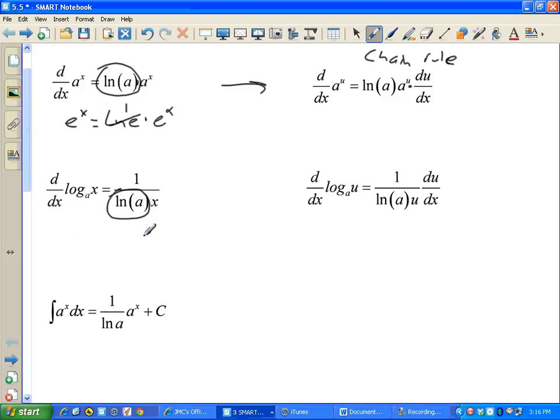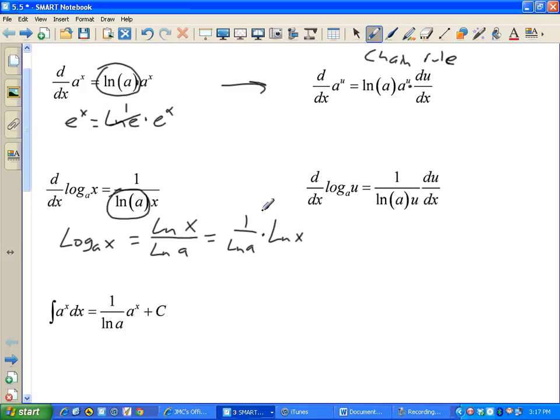Where this comes from is our change of base formula. If we actually wanted to calculate log base a of x, we could use the change of base formula and take the ln of x and divide it by the ln of a. Well, a is a constant because it's the base of our logarithm. So I could rewrite this as 1 over the ln of a times the ln of x.